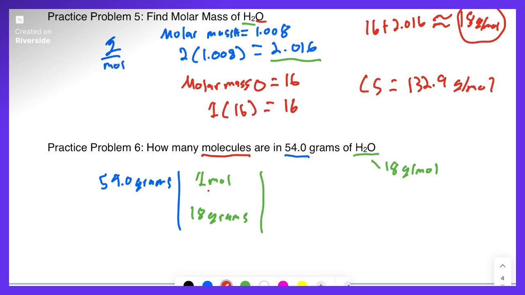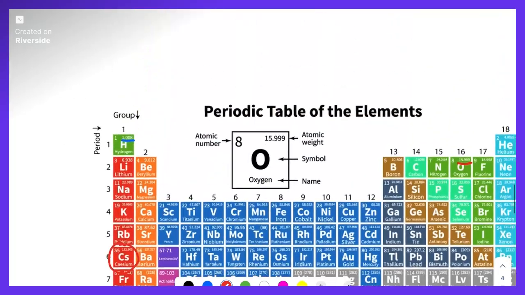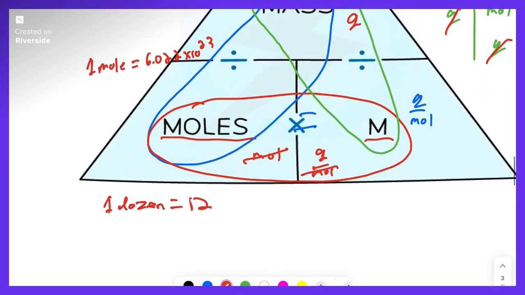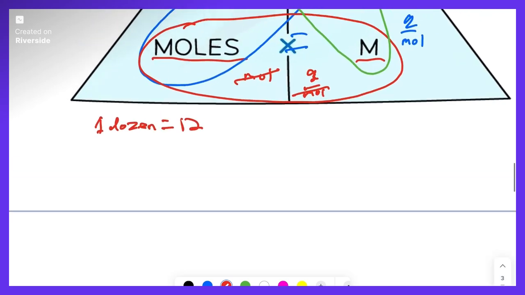Now, we want to cancel out mole. How do we do that? Well, we canceled out grams. So now for mole, let's go back and see what the mole is, right? 1 mole is 6.022 times 10 to the 23. And when we say 6.022 times 10 to the 23, there's no specific unit attached after it. It's just like if we talk about a dozen, right? We could have a dozen donuts, a dozen munchkins, a dozen computers. We can have a dozen of anything.